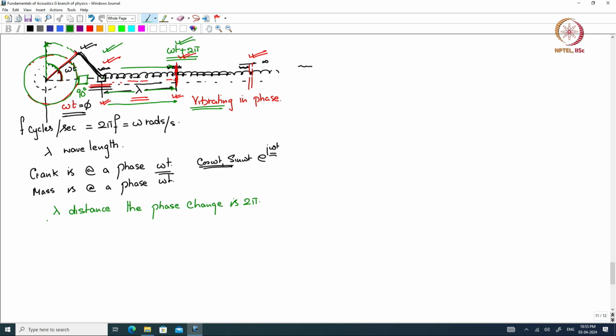So, lambda distance, the phase change is 2 pi. Okay. So, unit distance, the phase change is going to be twice pi by lambda. So, we will give this 2 pi by lambda a symbol and call it k. K is our wave number.